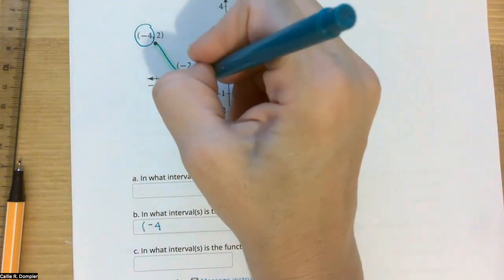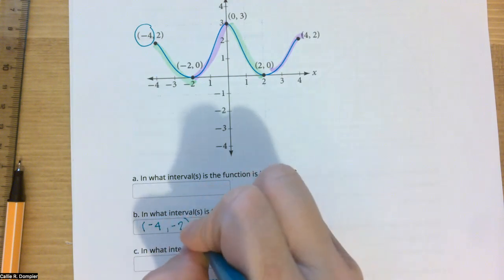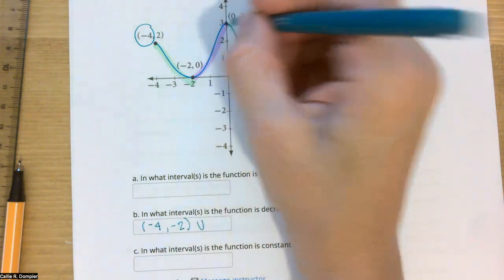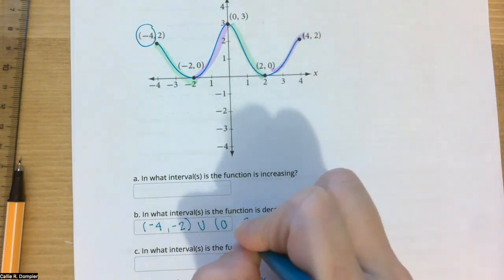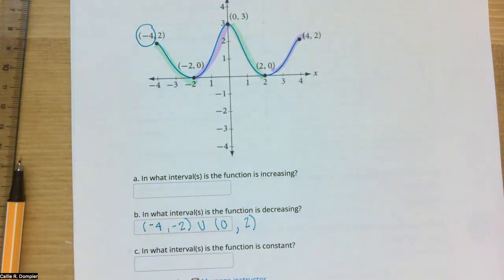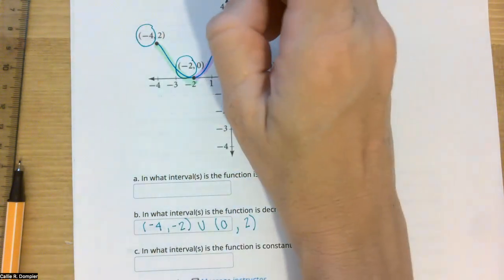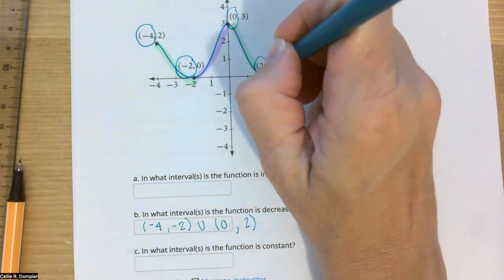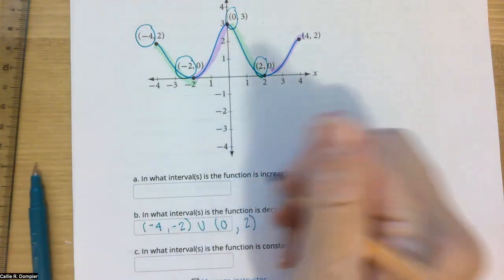-4 until -2. Union, because there's another one, 0 to 2. That is where it is decreasing, from -4 to -2, and then from 0 to 2. Where is it increasing?